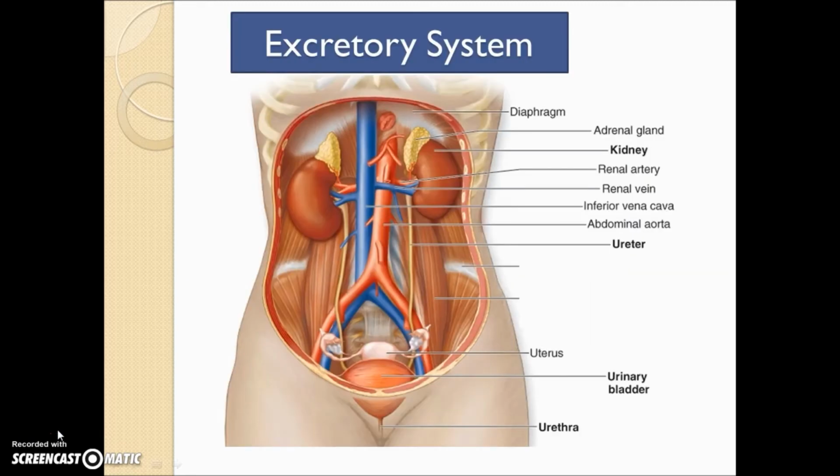The excretory system is formed by various structures. The main ones that we can see are the kidneys, fairly oval, brownish, and these little yellow glands on top that are called adrenal glands, that are quite important because they produce adrenaline, whose function we have discussed in class.